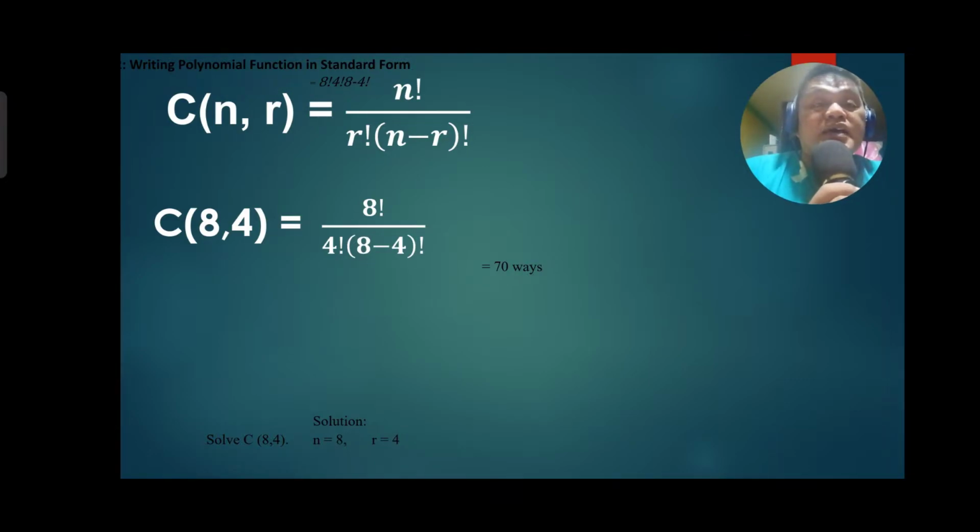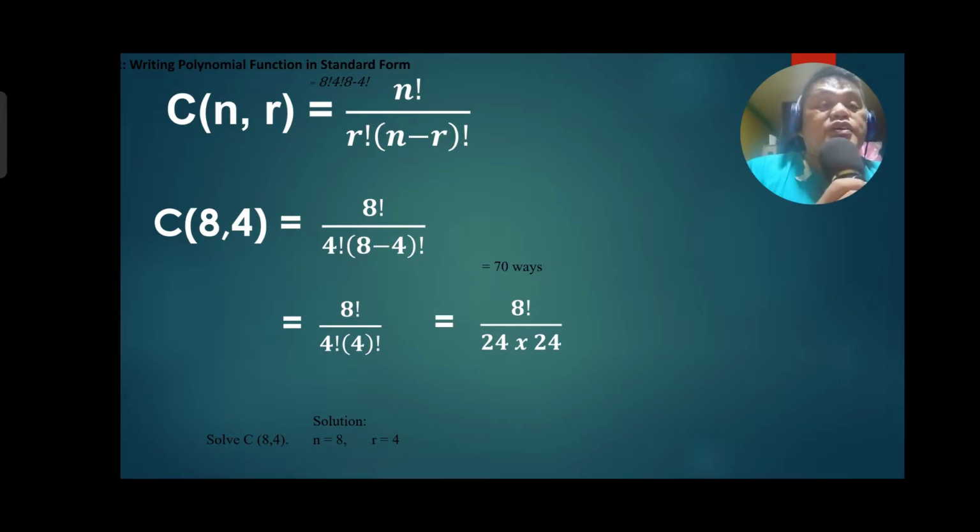It's a group from 8 people. So you have now 8 factorial over 4 factorial times 8 minus 4 factorial. So process: we have 8 factorial over 4 factorial times 4 factorial, since 8 minus 4 is 4. 4 factorial is 24, that is 4 times 3 times 2 times 1 is equal to 24.